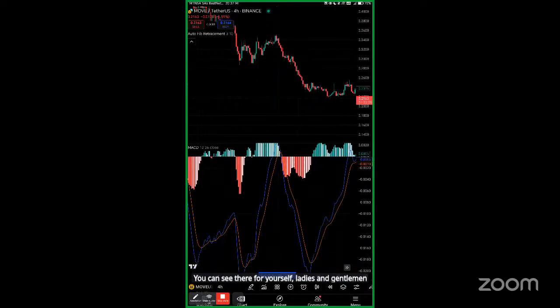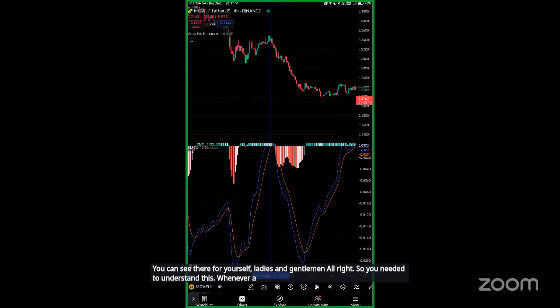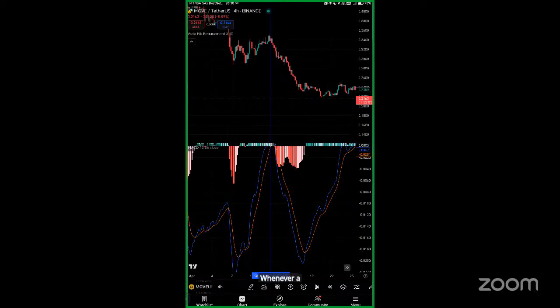That's why I'm saying the MACD is one of the best indicators. It gives you confidence. It does not just make a crossover anyhow. Whenever a crossover is happening, it means something is going to happen in terms of price.